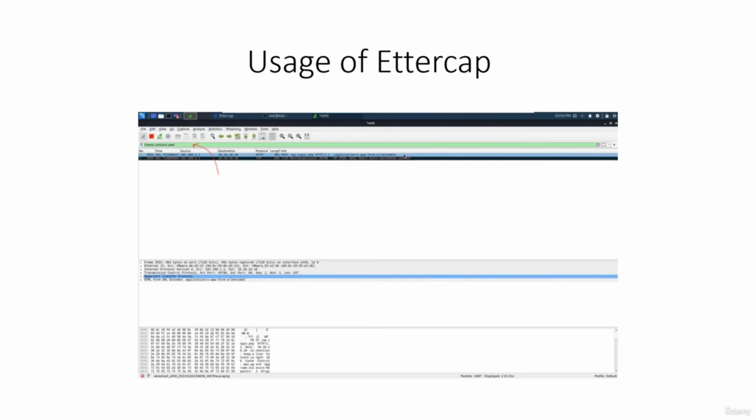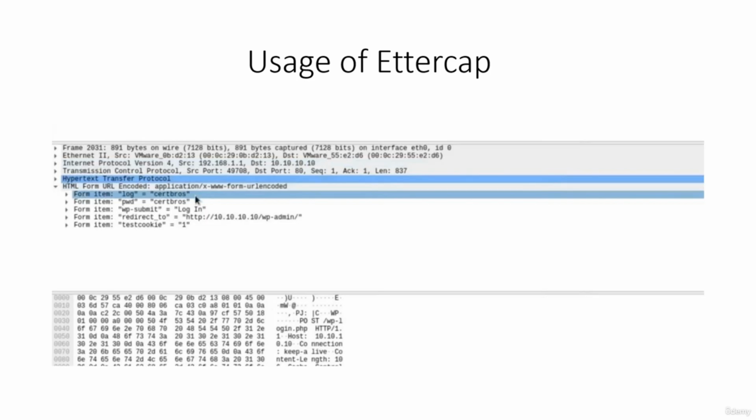As you can see, we use the filter for ARP requests in Wireshark. Then after that, we got the filtered frames that contain the password field, as you can see. Very easy. The password and the username are visible due to the usage of the unencrypted HTTP protocol.